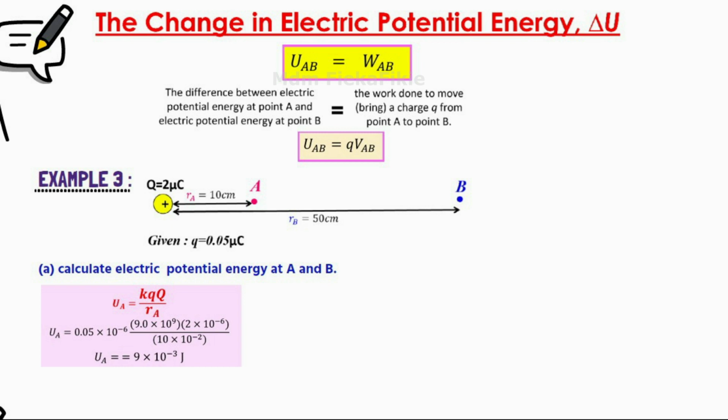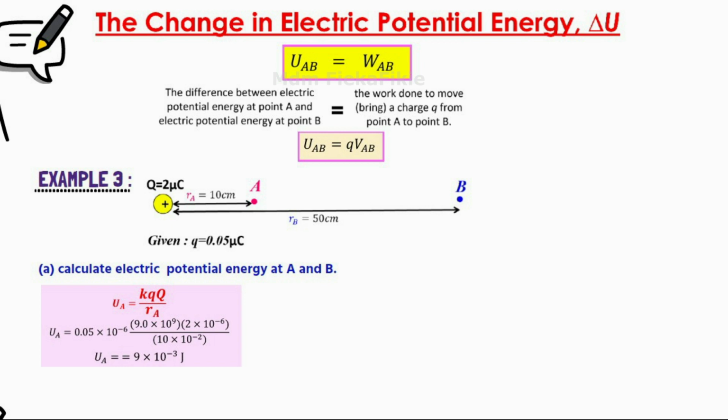Ingat ya, so formula dia nampak lebih kurang sama macam electrostatic force tetapi tidak sama. Okay, so ini adalah scalar quantity, so no need to draw any direction. Dan sekiranya ada charge yang negatif, so perlu masukkan negative sign dalam you punya calculation.